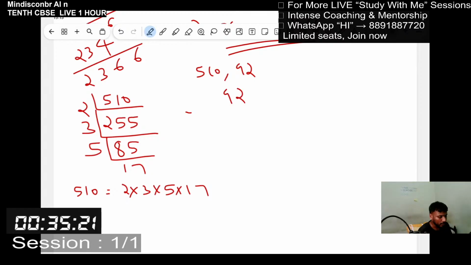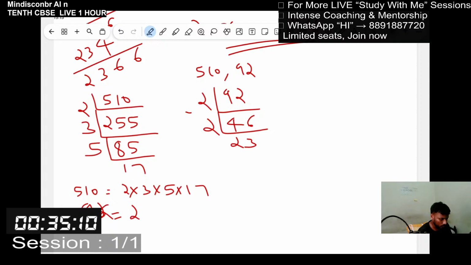And for 92, 2 into 46, 2 into 23. 92 is equal to 2 square into 23.